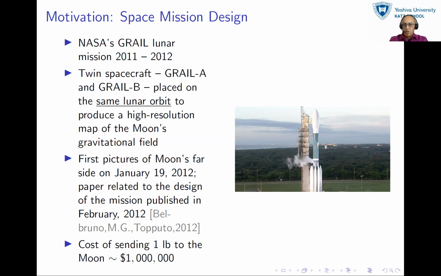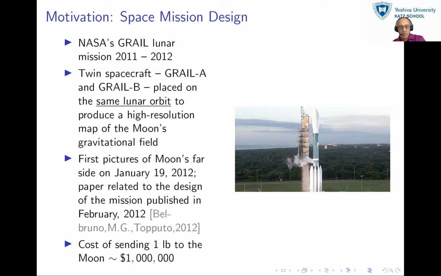But there are other missions, like robotic missions for research purposes, that do not necessarily need a short time. They may take weeks, months, or years.